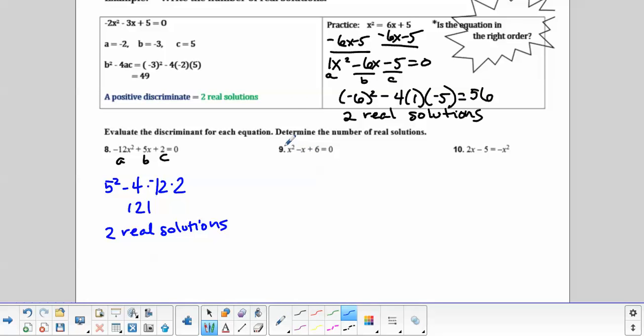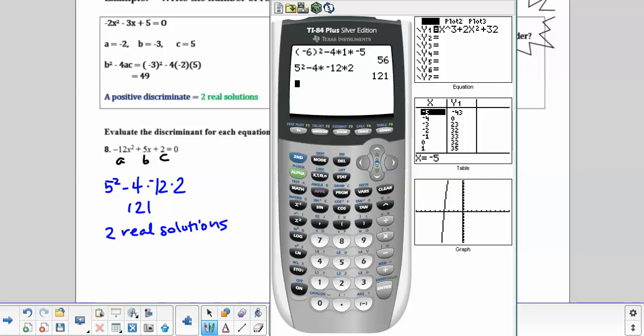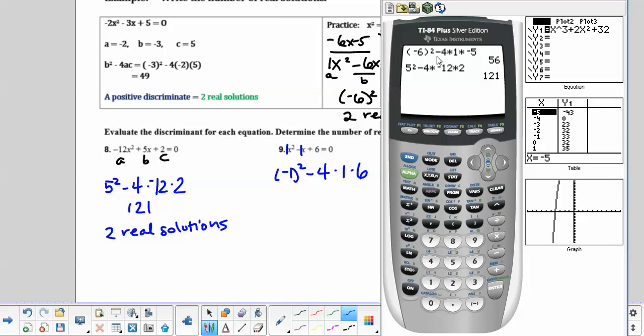Okay, in 9, my a is 1 and my b is negative 1. So b squared minus 4 times a times c. Oops, I forgot to square my negative 1.